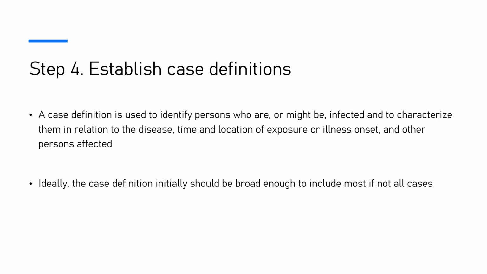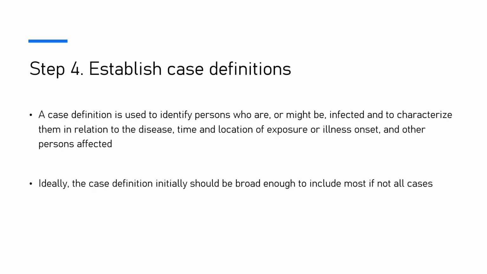Step 4 is to establish a case definition. The importance of establishing a case definition is to know the people who are related to the outbreak. It should be broad enough to include most, if not all, the cases.